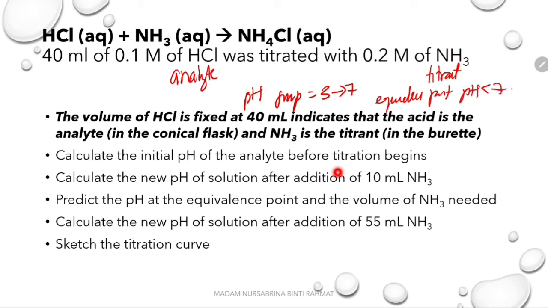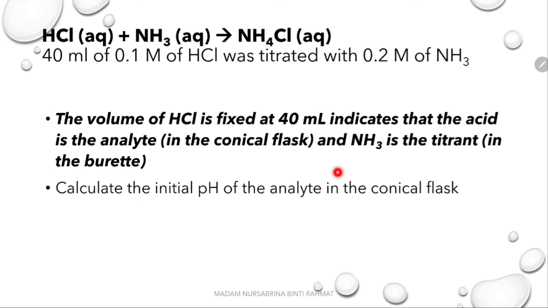Alright, so you have to first calculate the initial pH of your analyte, which is our HCl. HCl is a strong acid, so it completely dissociates in water, releasing our H3O+.